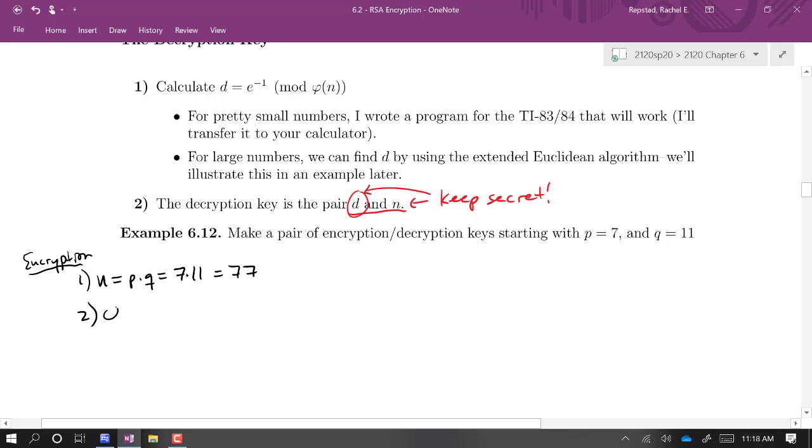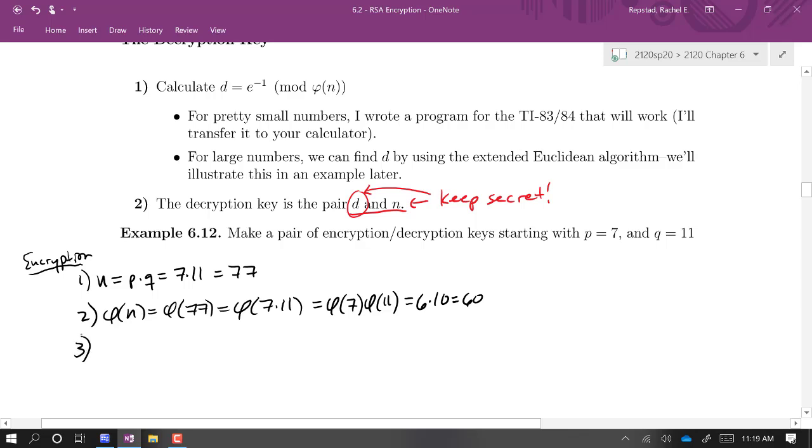Then we find phi of n. So phi of n is phi of 77. That's phi of 7 times 11. 7 and 11 are two primes, so they're relatively prime to each other. So that's 6 times 10, or 60.